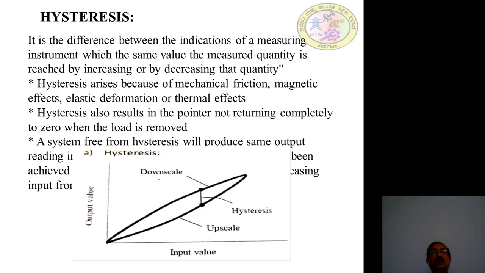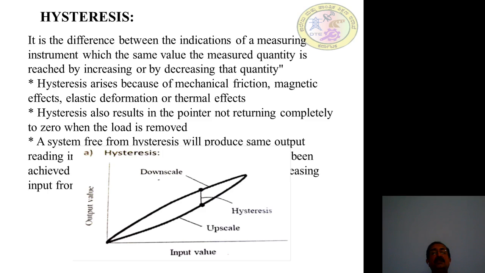That is because in some instruments the pointer will not come back to its original position. For example, if you use a voltmeter or galvanometer, there you have a pointer on the scale, so it has a range from 0 to some maximum value. While doing the experiment, it has to show the volts in the voltmeter.